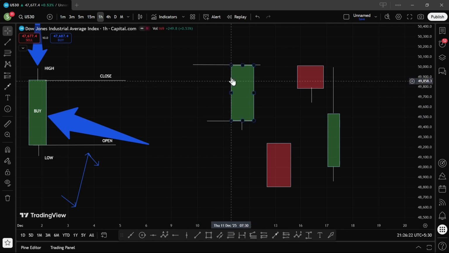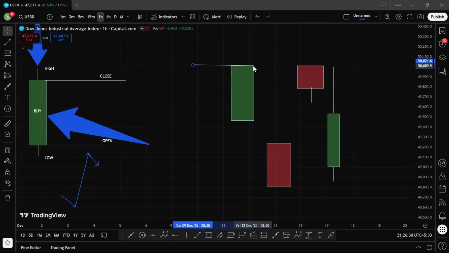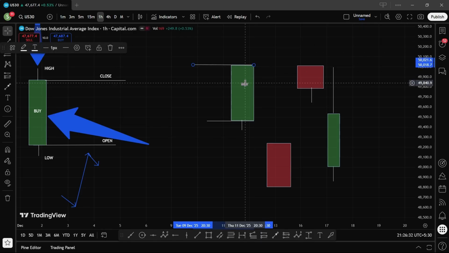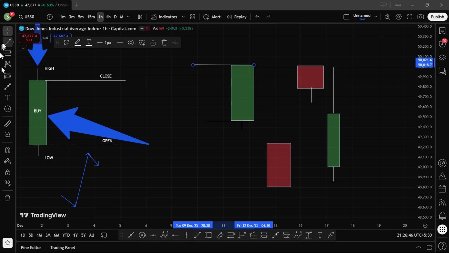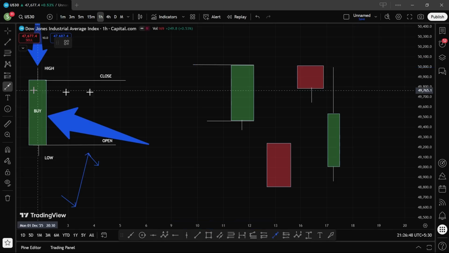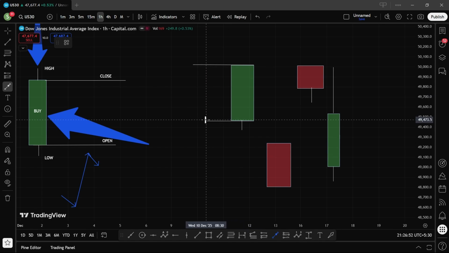So you can see it's a green candle, and the price went up. So the open is supposed to be where? The open for the candle is on the downside.